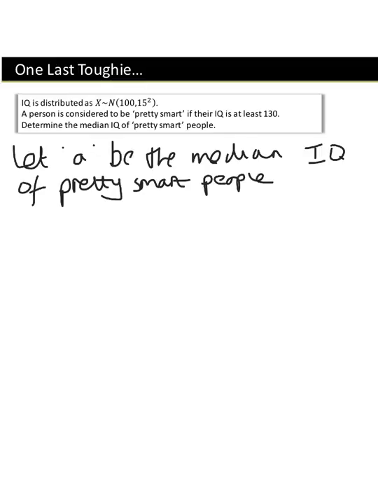Okay, so think about probability. This would be quite hard to recognise. This is a pretty hard question. But what I could say is, okay, the probability that x is greater than A, given that x is greater than 130.